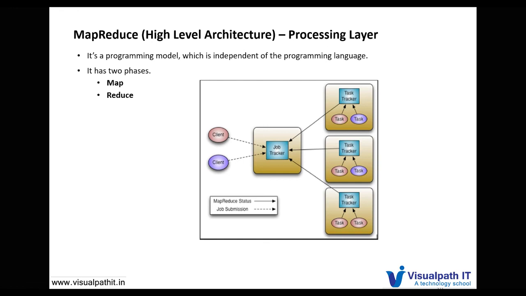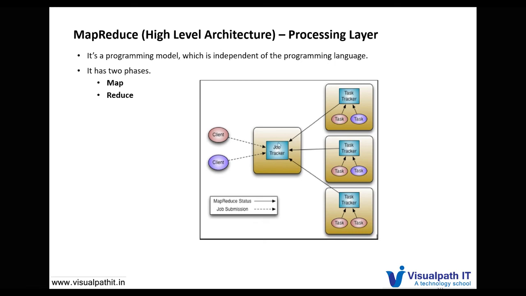It is a programming model, the processing layer, which is independent of programming languages. We need to write programs in separate languages, which we will see later, and those language types we call ecosystem tools. The programming has two phases: one is map and the second is reduce. The processing layer has two components, the job tracker and the task tracker.